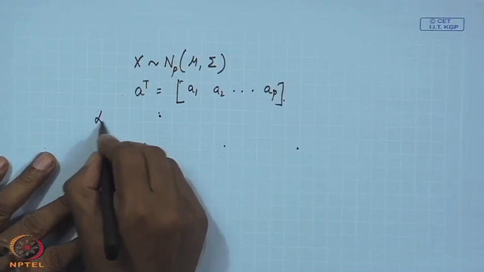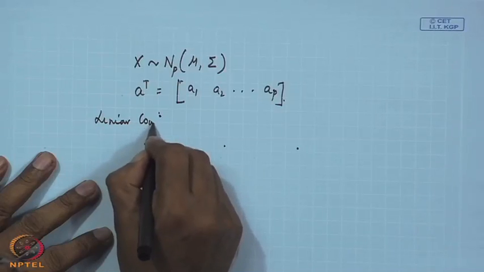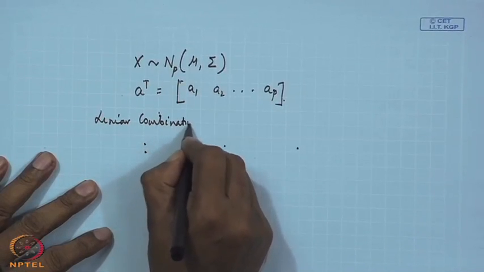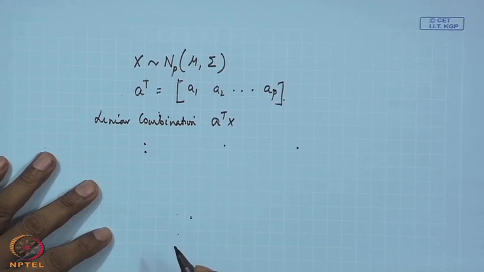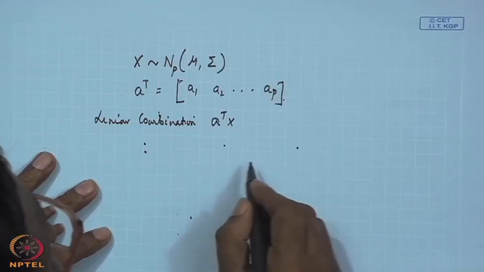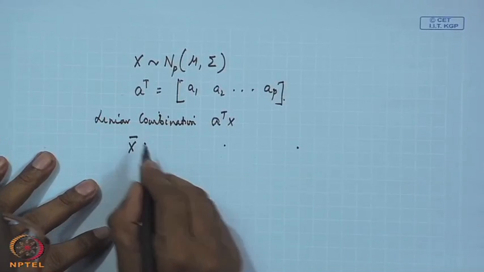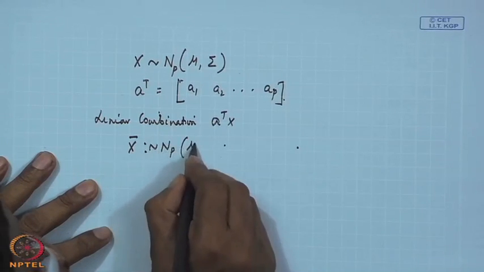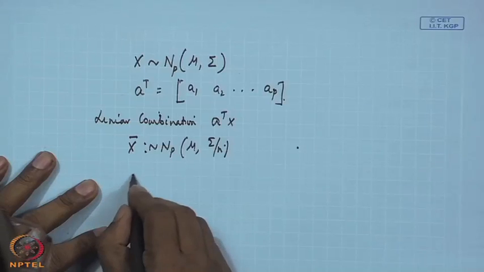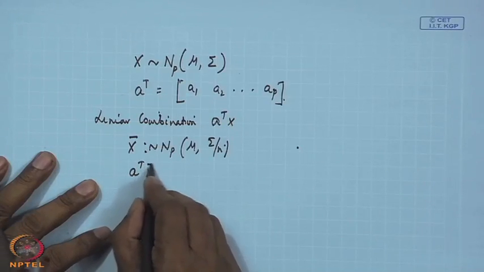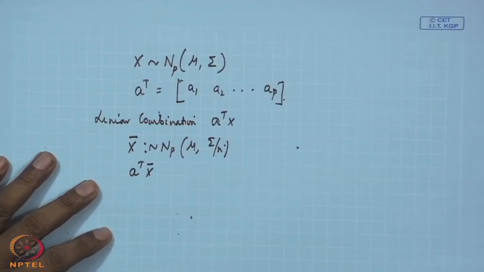You have seen the linear combination in the last class. I told you that the linear combination is A transpose X. Now X bar is also multivariate normal, so you can create a linear combination of X bar also, yes or no.